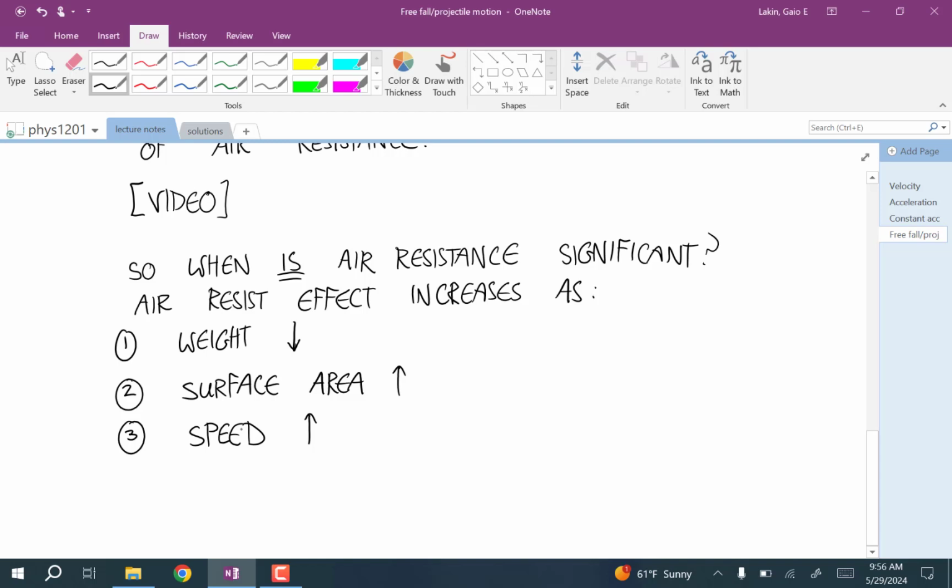A snail or a turtle, their bodies aren't aerodynamic in the least because they move at very slow speeds. No matter how their body's shaped, they're going to be able to move freely without worrying about air resistance.